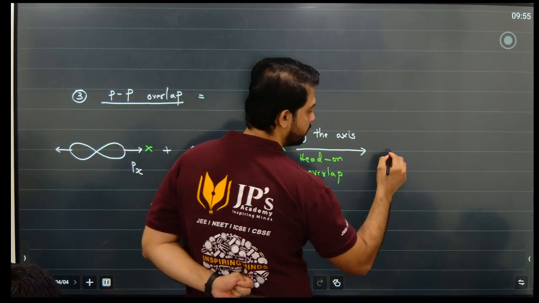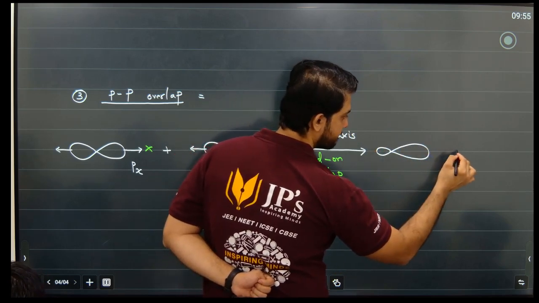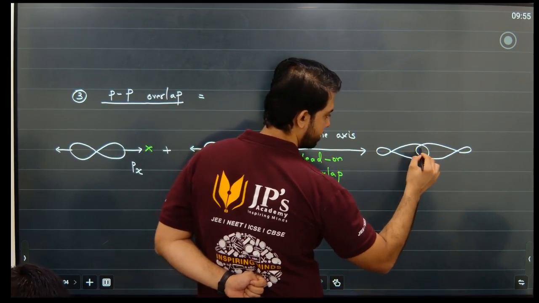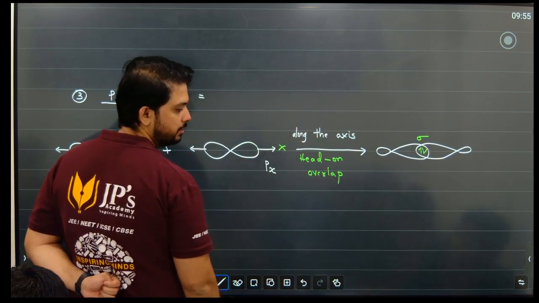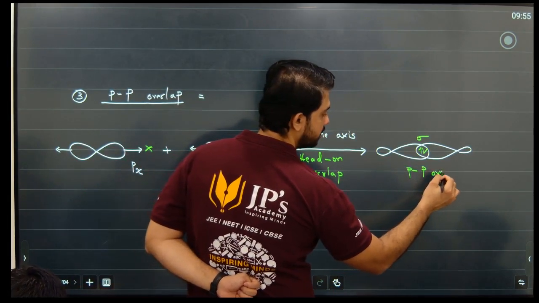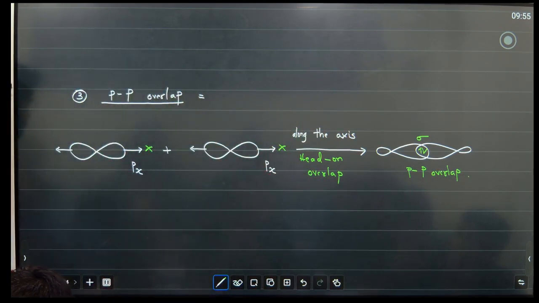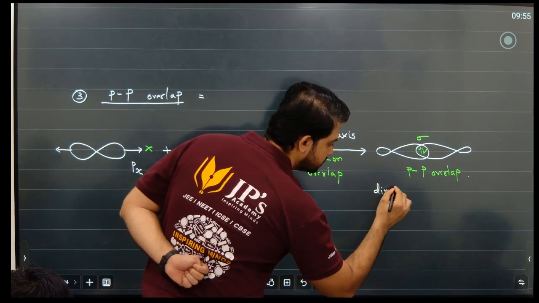Which results in the formation of, यहाँ पे आपके इलेक्ट्रॉन आएंगे, that's your sigma bond, and this is called as PP overlap. Again, remember this, PP overlap is also directional in nature.